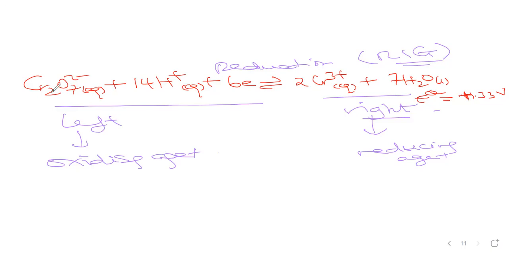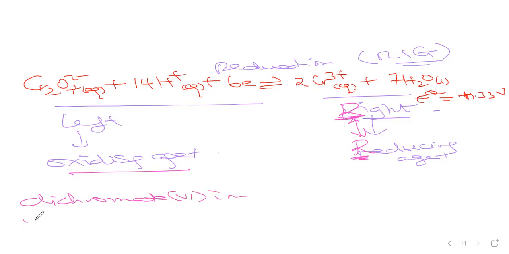How can you best remember this? In the reduction equation, right represents reducing agent. So if I ask you the oxidizing agent in this equation, it is the dichromate 6 ion in acidic medium. And if I ask you the reducing agent here, it is the chromium 3 ion.